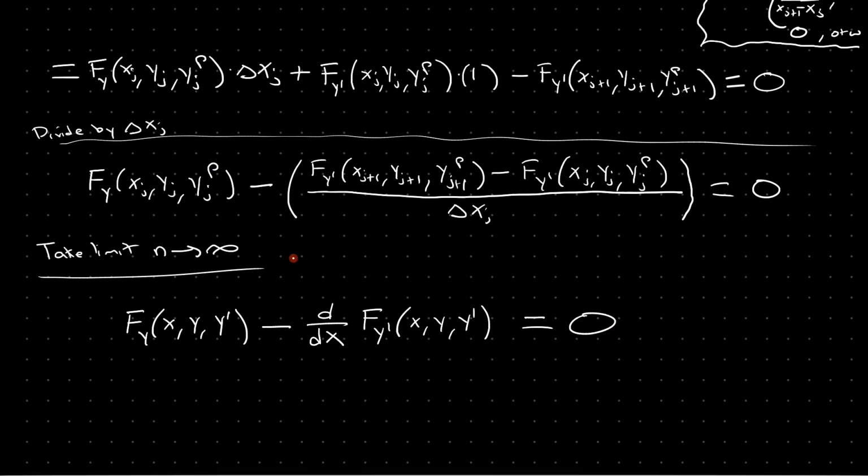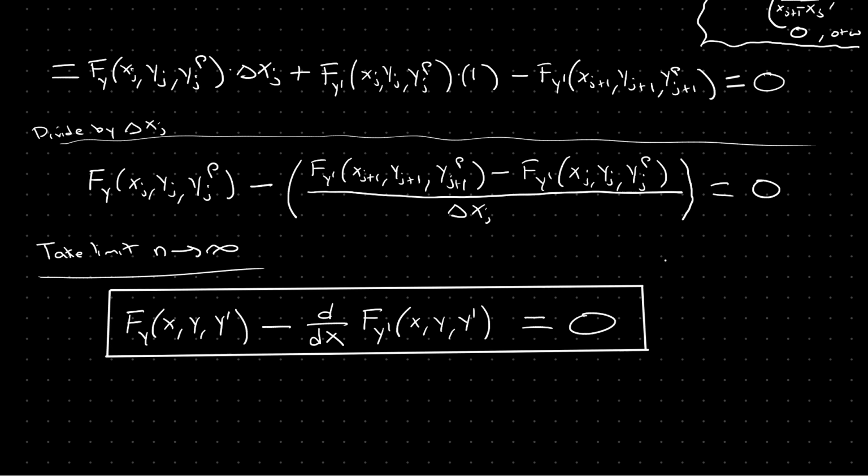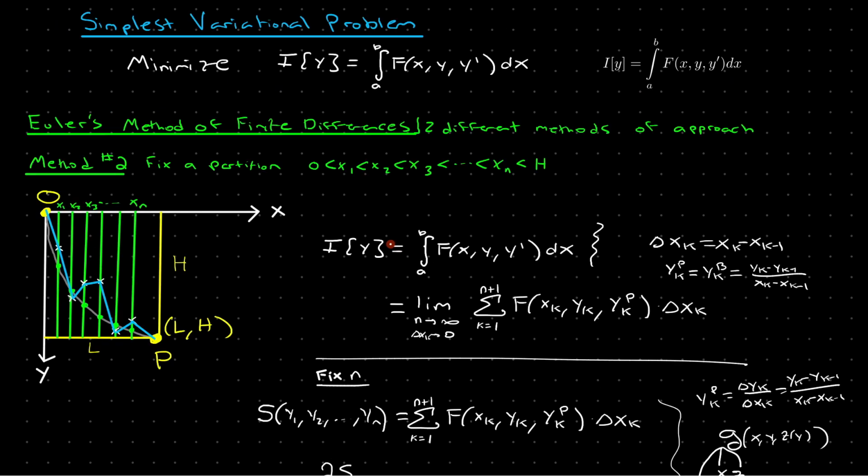And this is a very, very fundamental and important equation. So important, in fact, that I'm going to box this equation. This is called the Euler-Lagrange equation, or the Euler-Lagrange ODE for the functional defined previously, defined as the integral of f.